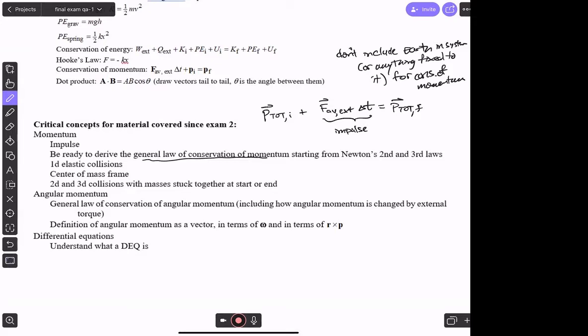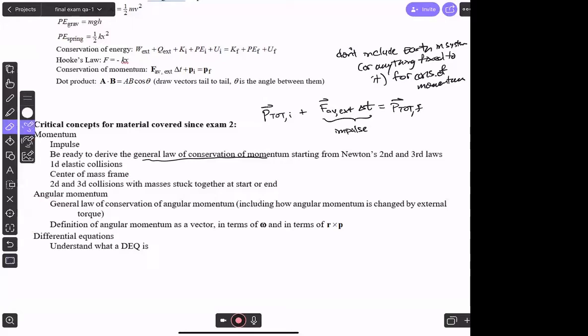So an example would be the collision of the two cars that were colliding at right angles. There, you wanted to include the two cars as part of your system, but not the Earth. And in that case, we ignored the force of friction.